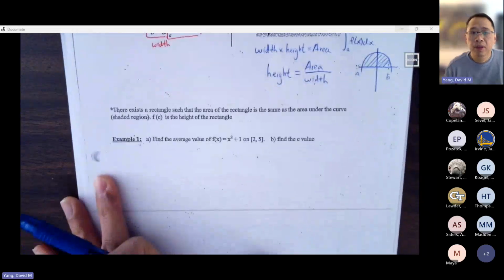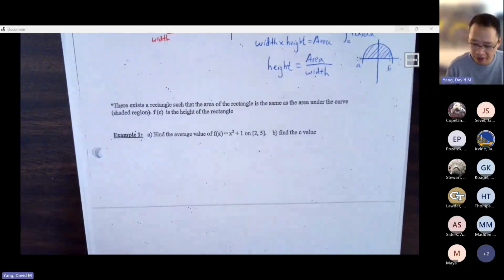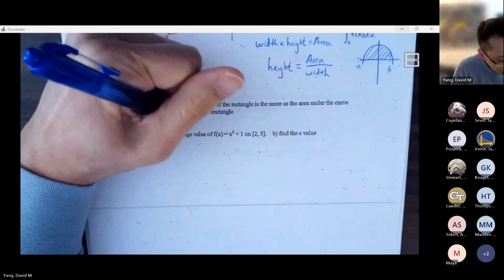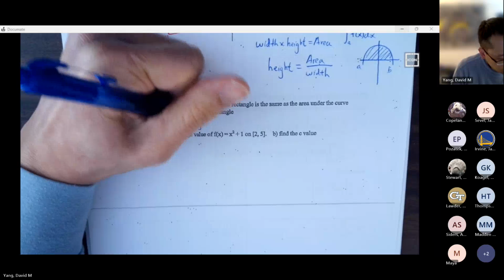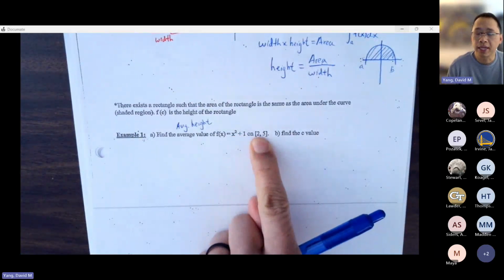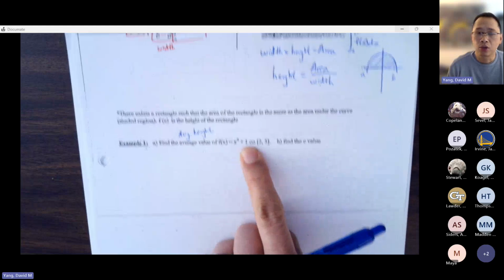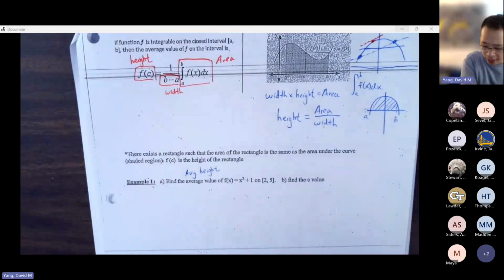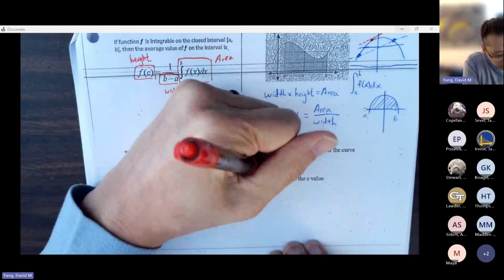So example one, find the average height or average value of this function between the x values of 2 and 5. So we're simply just going to follow whatever this formula says. My 2 and 5 are my a and b values.